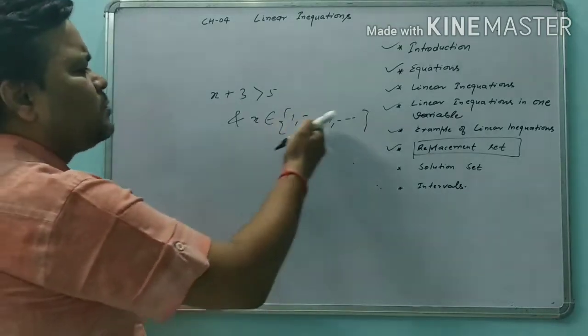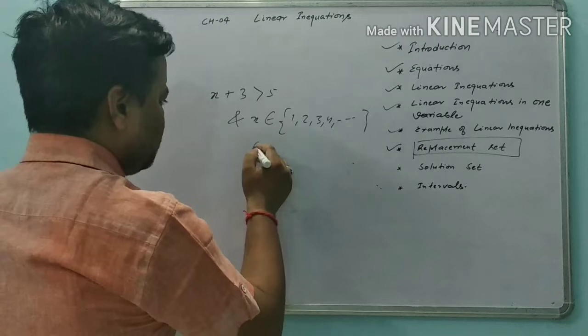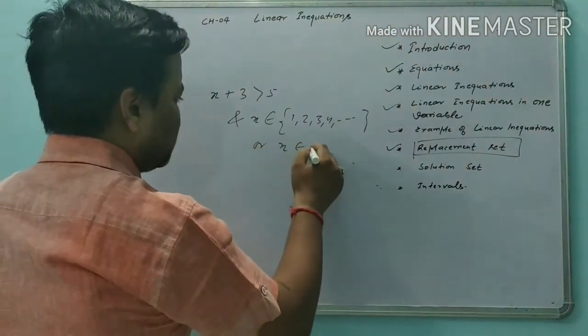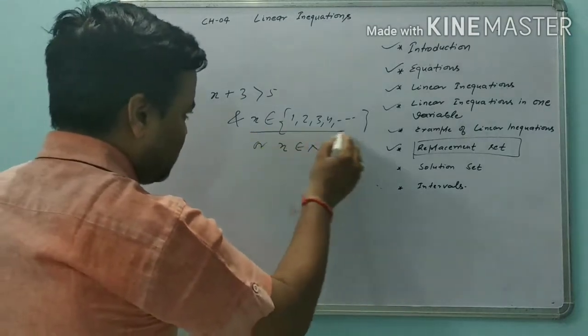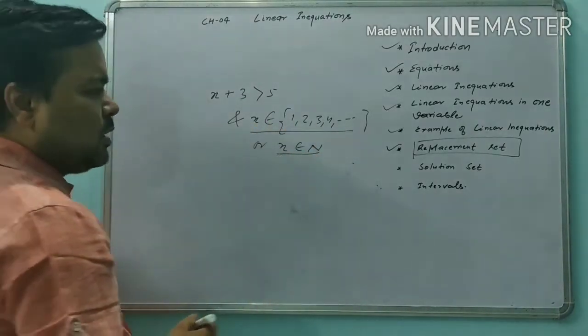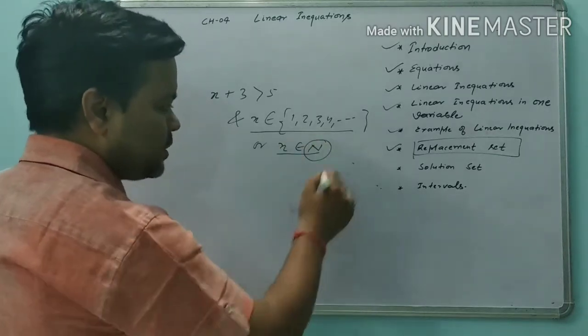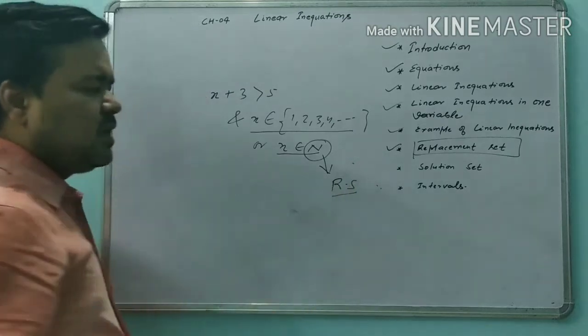It means here x belongs to the natural numbers. In this case, the set N, that is the natural numbers, is working as a replacement set.